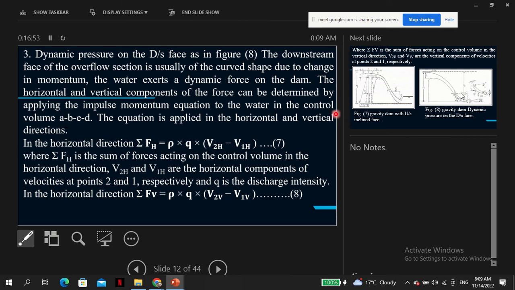So if you are able to know the velocity, and Q of course is the discharge. Of course you should know that using the equation of continuity.